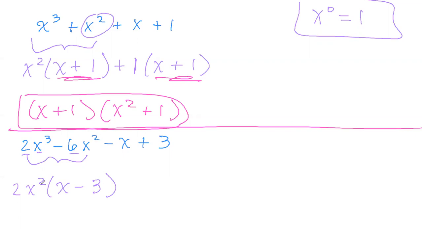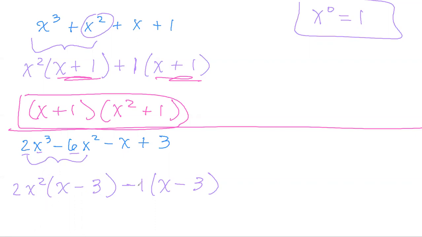And then I took out all the x's for the second one, so I just have 3, because 6 divided by 2 is 3. Here, I think what I can do is just take out a negative 1. And then here I'll have x and then negative 3, because 3 divided by negative 1 is negative 3.